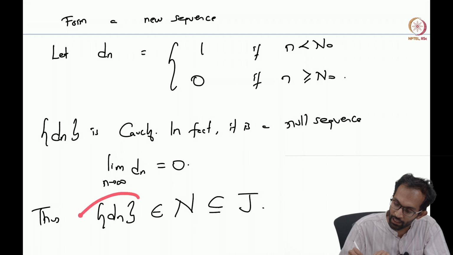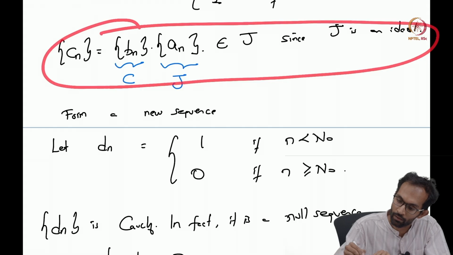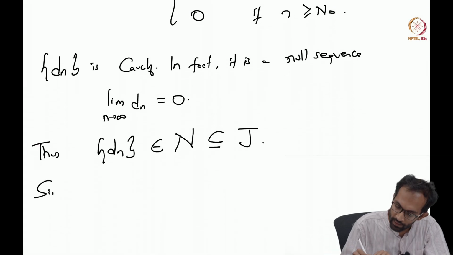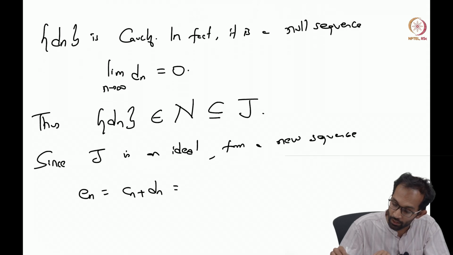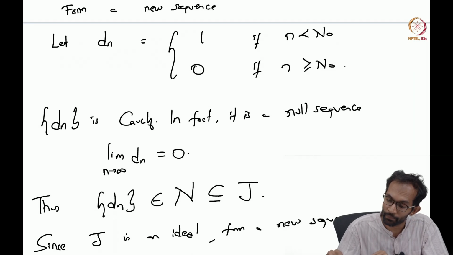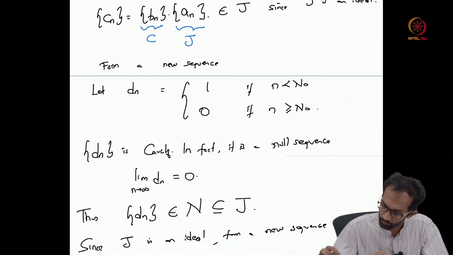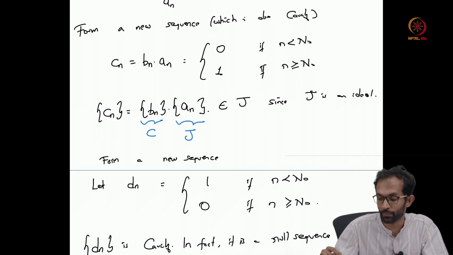So on the one hand we have a sequence in J, and we also have this other sequence c_n in J, and since J is an ideal, the new sequence given by the sum of c_n and d_n will also be in J. But what is this sequence? What's c_n plus d_n? If little n is less than n naught, it's 0 plus 1, and if little n is larger than n naught, it's 1 plus 0.